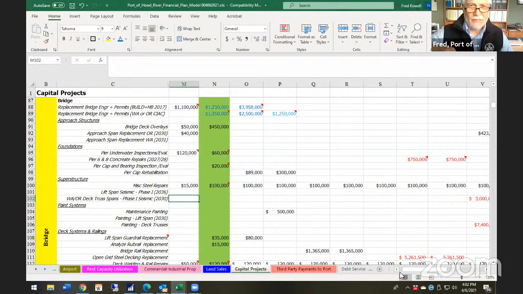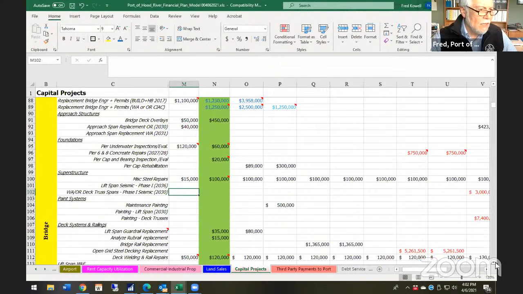And the forecast will have to reflect more of how that rate structure probably needs to increase before that date. So probably in 2026, 2027, we'll need to start having more conversations on rates and how they're going to fund the existing bridge if the replacement bridge doesn't move forward.